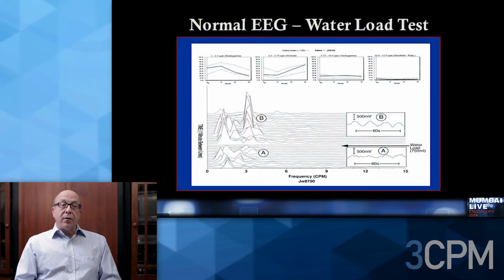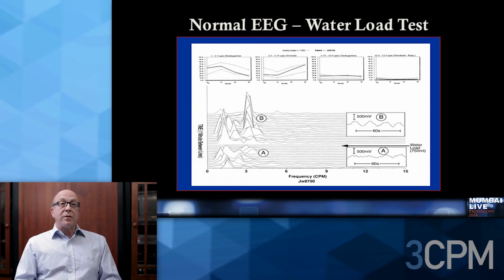As you can see here, this is what we consider a normal electrogastrogram that occurs as a result of the water load test. In each of these 4 small diagrams, you will see broken dotted lines, and these represent population-based normals. This is 30 to 40 normal patients who were tested on multiple occasions, and so we know what the normal range of 3 cycle per minute activity is.